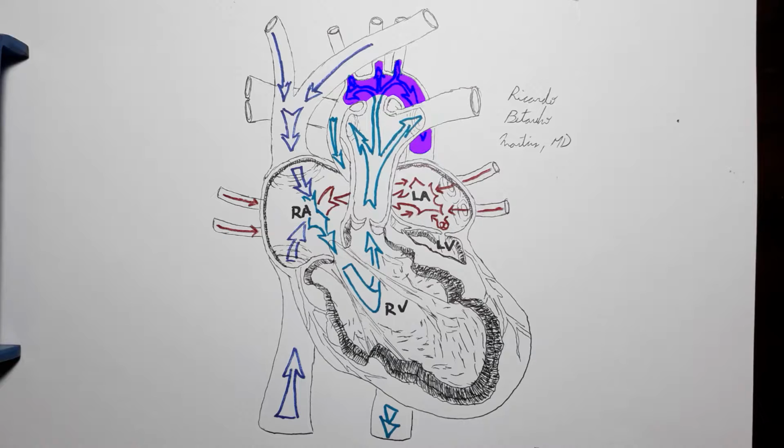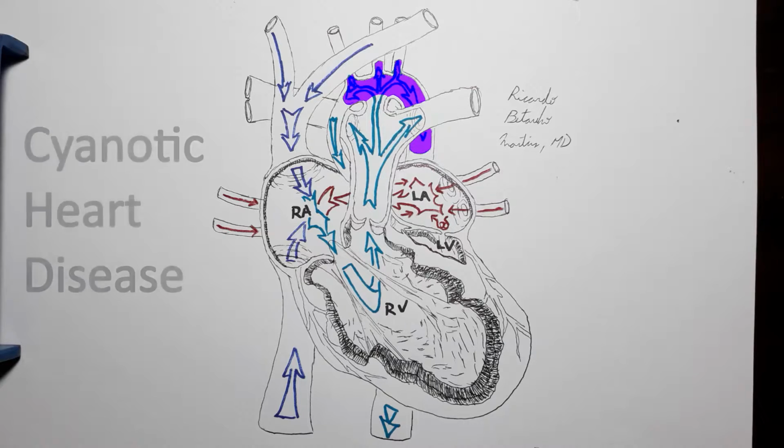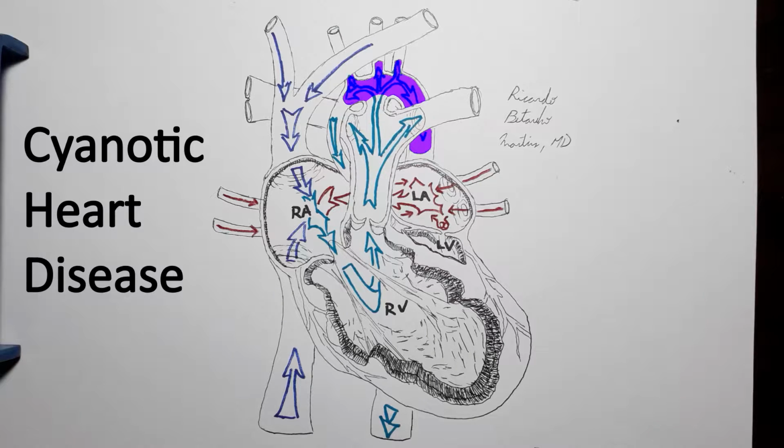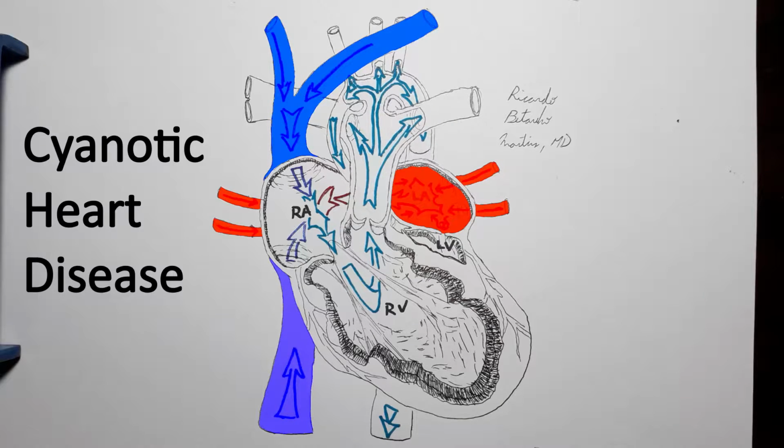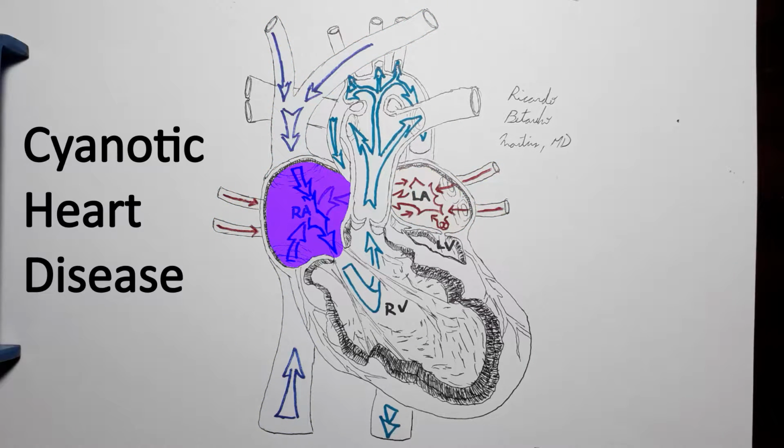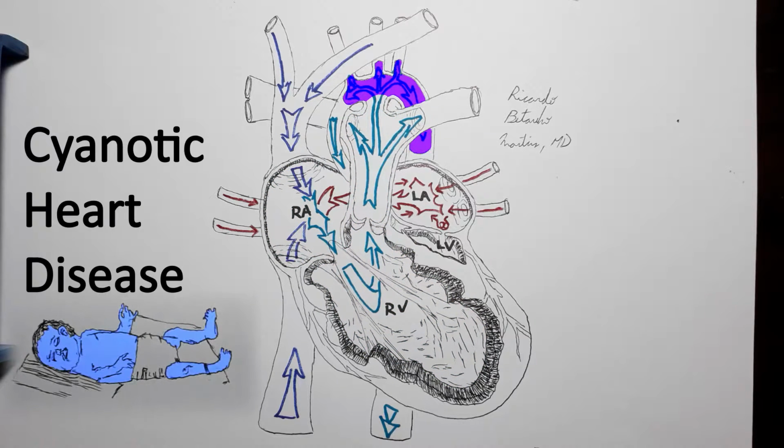So, there we have it, why it's a cyanotic heart disease. We have mixing of blood between the oxygenated and the deoxygenated, and therefore not enough oxygen is reaching the tissues, giving the neonate's skin a bluish coloration.